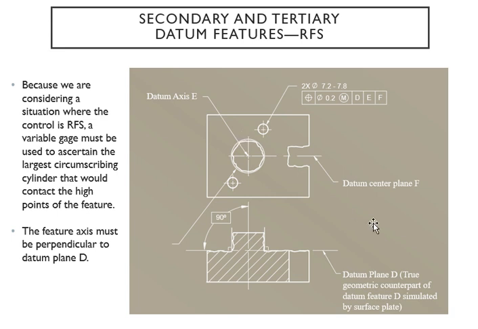And the feature axis has to be perpendicular to the datum plane D, which is, of course, datum axis E here. Your datum center plane for this is F, and this one is your datum plane E. So I have altogether primary, secondary, and tertiary. We will be using all of the three datums to measure all of the features on that part.